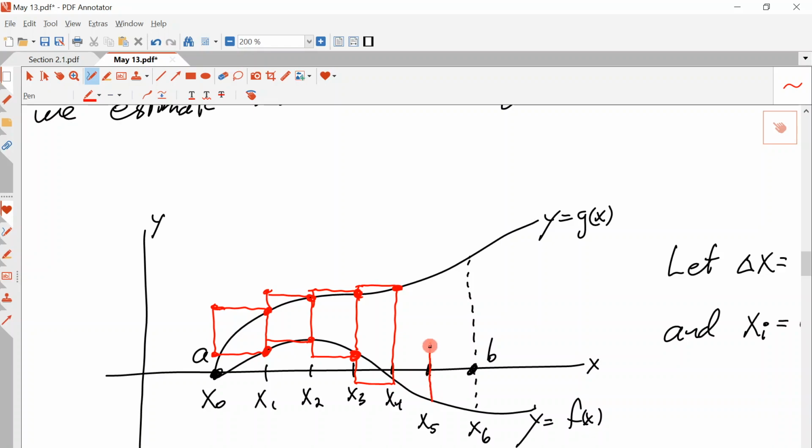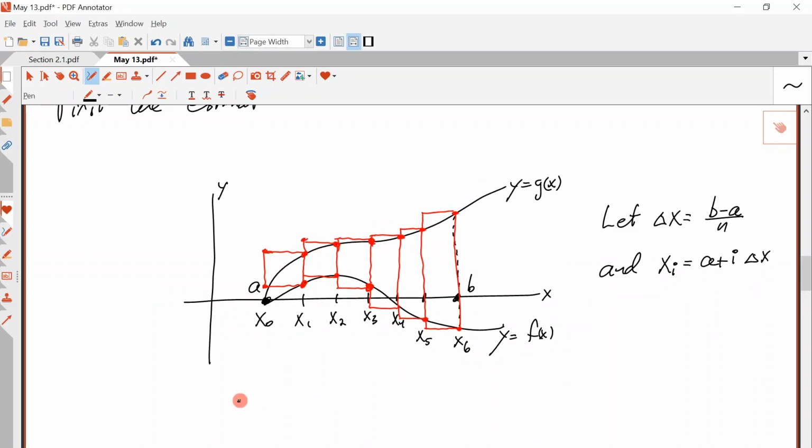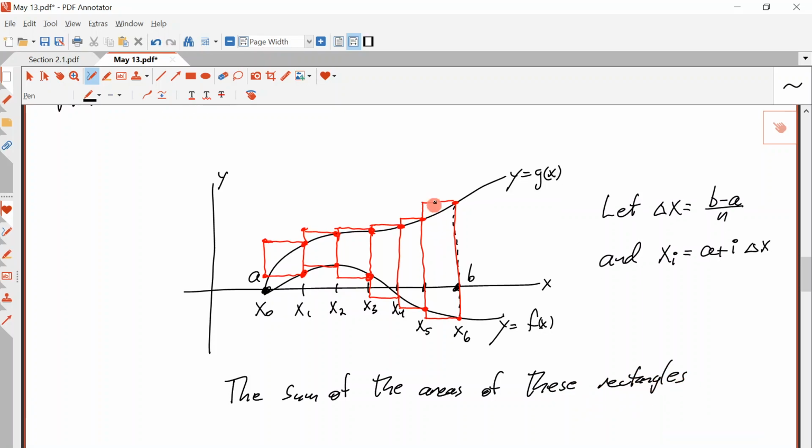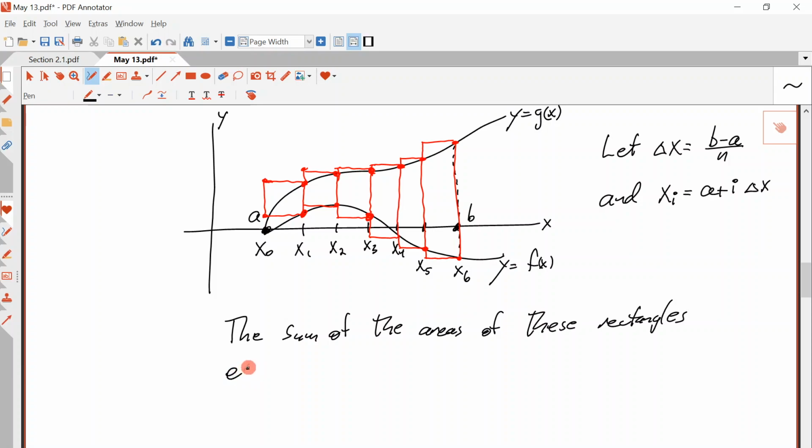And then this rectangle, and the area of this rectangle. All right, so the area of these rectangles estimates the area between the curves. So the areas of these rectangles estimate the area between f and g.